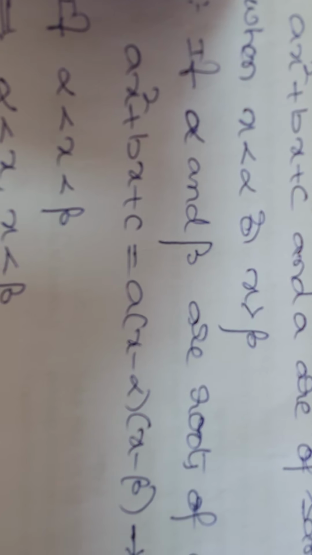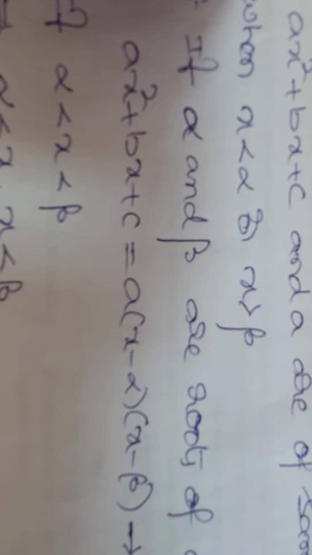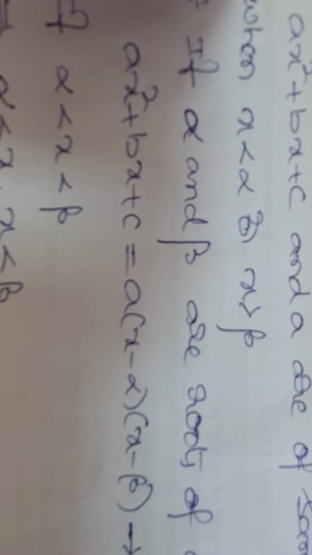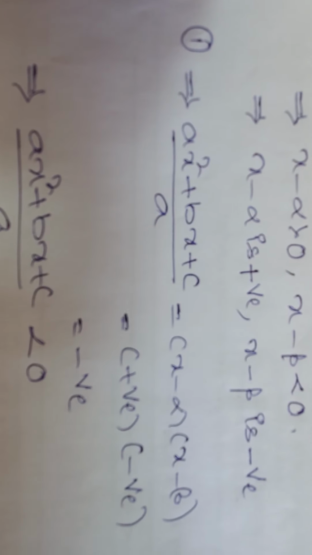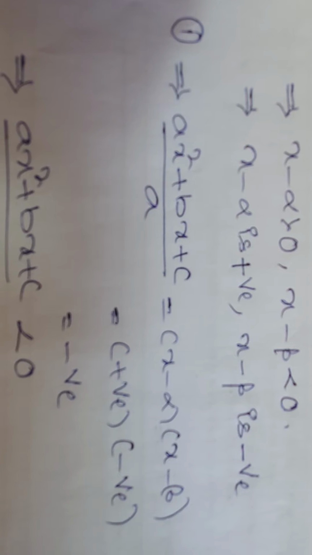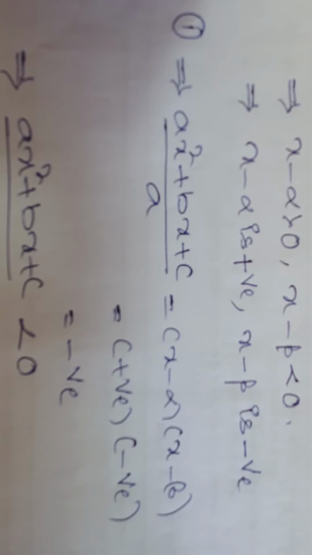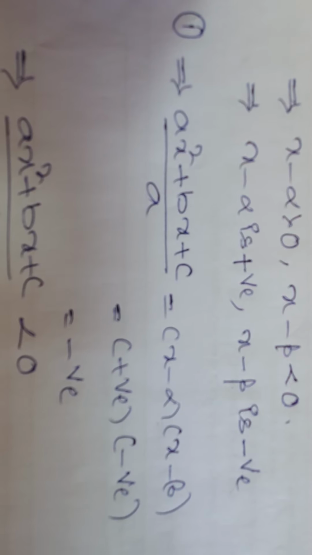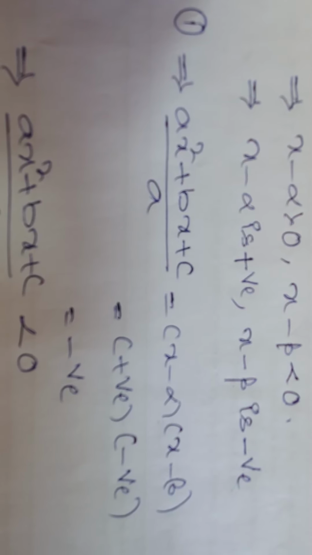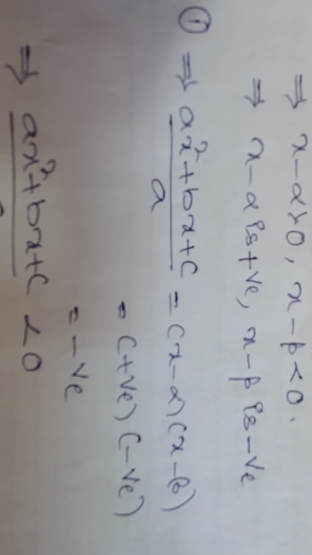If we take the right-hand side to the left-hand side, then it becomes (ax² + bx + c)/a = (x − α)(x − β). That I wrote here as equation 1. What we got there: x − α is positive, x − β is negative. We know that positive into negative is negative, and negative can be written as less than 0.